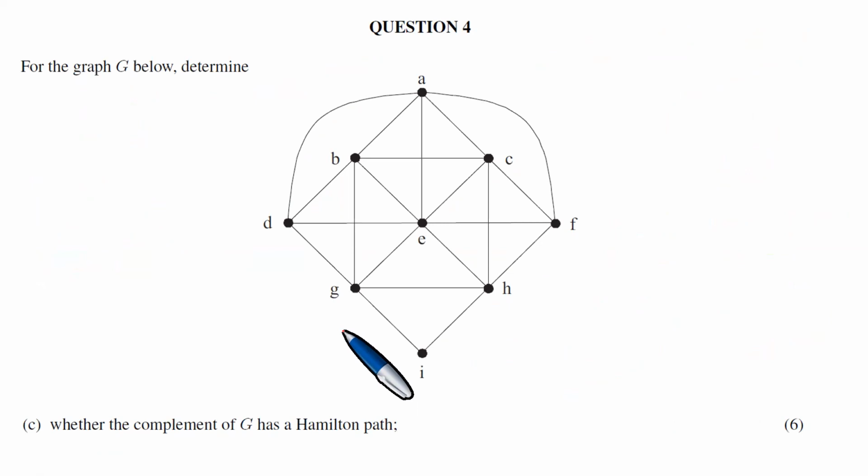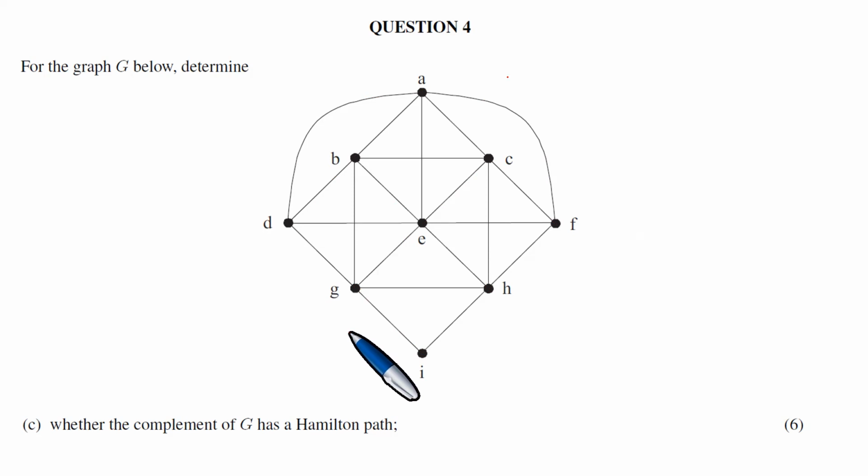Right, so at this point now we are saying for the graph G below, determine whether the complement of G has a Hamilton path. What is the complement of G?